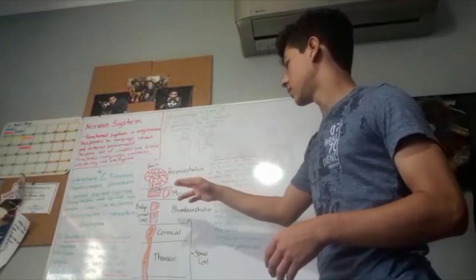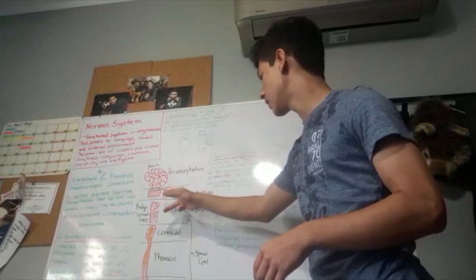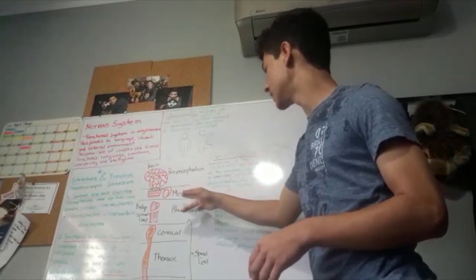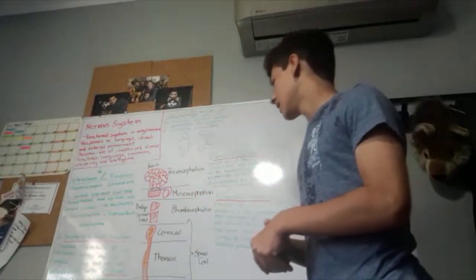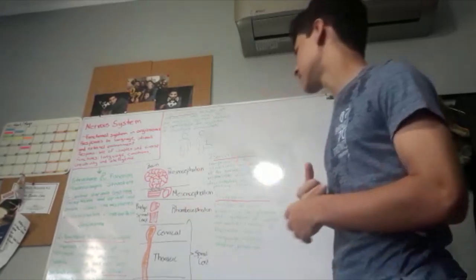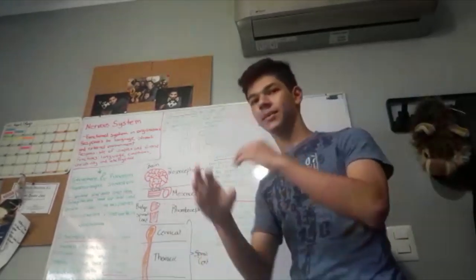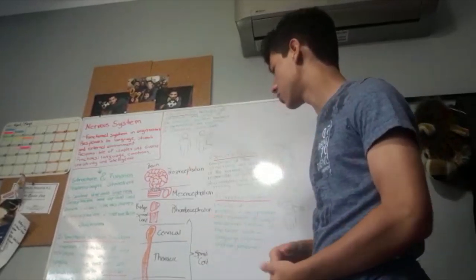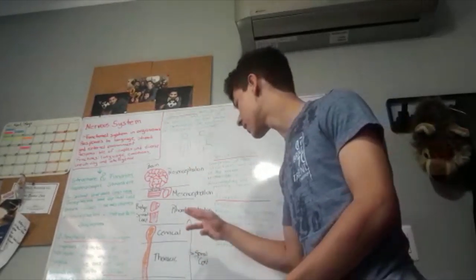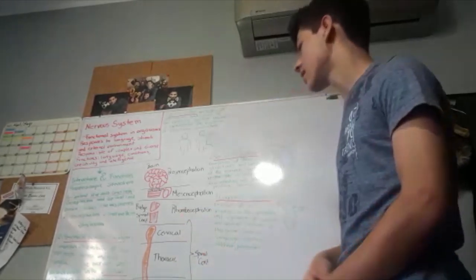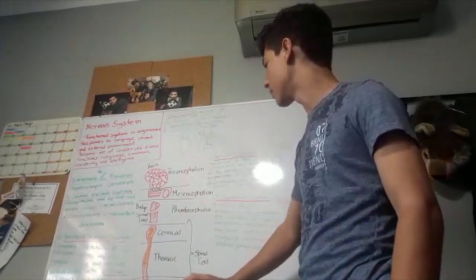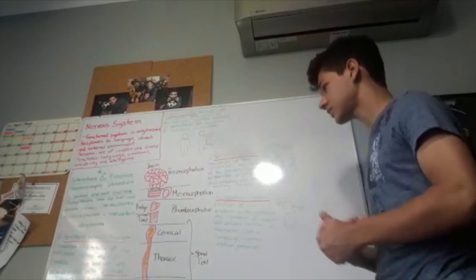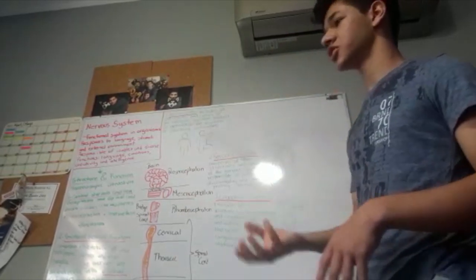Now, the cerebellum, it consists of the mesencephalon, and the rhombencephalon consists of the bulb and the beginning of the spinal cord. And now we have the spinal cord, which can be divided into cervical, thoracic, lumbar, and sacral, from top to bottom.